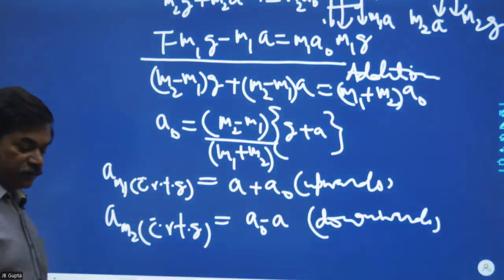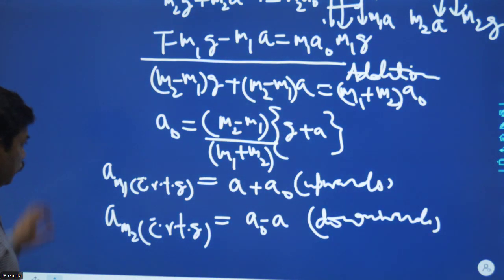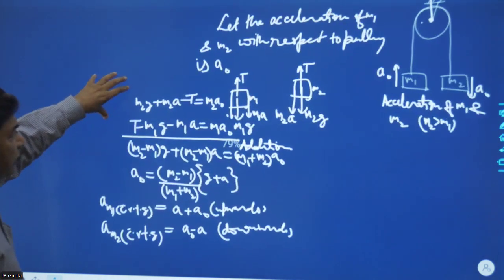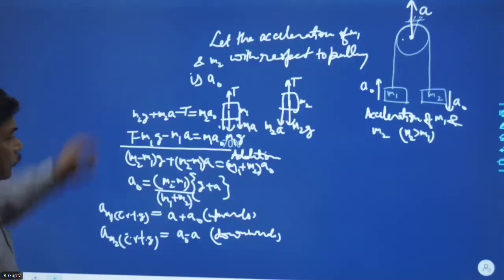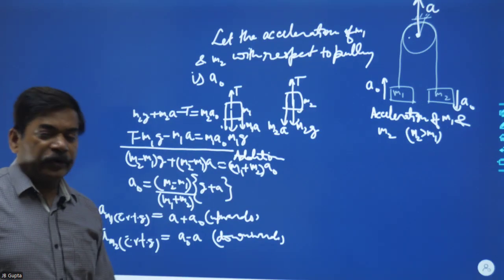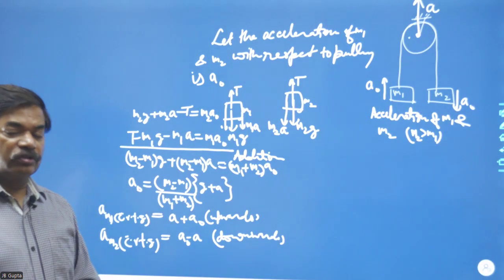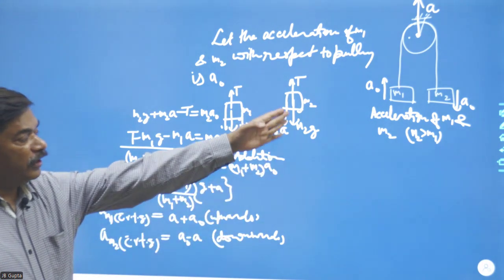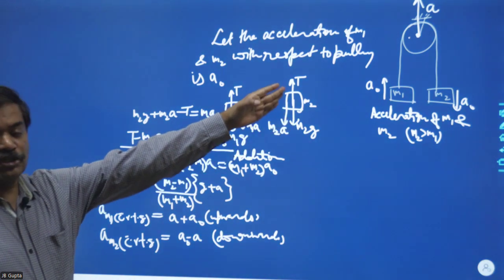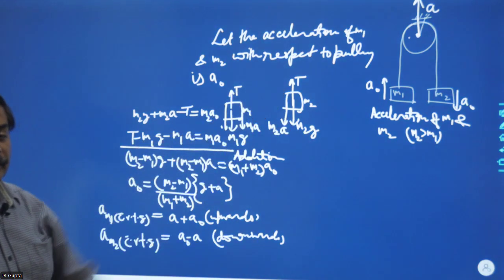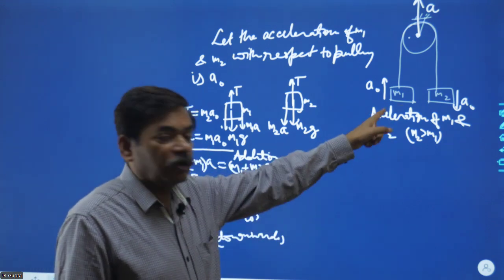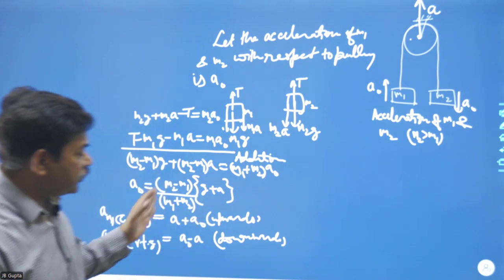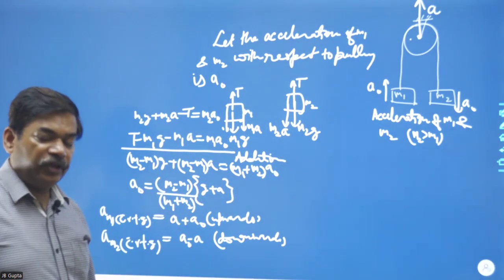So students, there's a concept for today. When you see a pulley itself is accelerating, then how to get the acceleration of M1 and M2? The main point here was that you need to take the acceleration of M1 and M2 with respect to pulley, which is going to be the same. Then make the FBD of both the blocks with respect to pulley, consider the pseudo force, make the equation and get the value of A0.